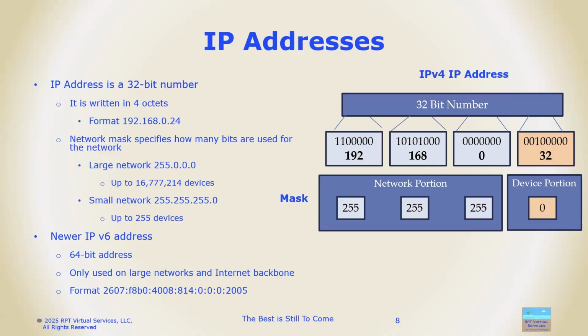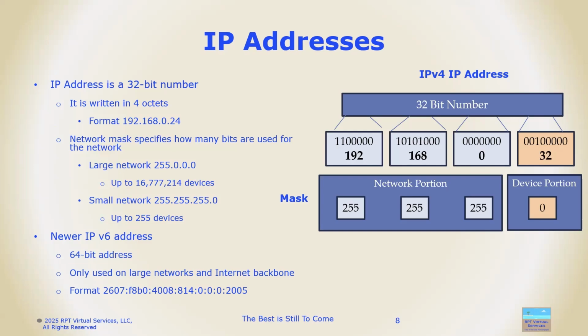So now we'll go into the IP addresses. An IP address is simply a 32-bit number, but it's hard to remember 32-bit numbers. So it's written in what they call 4 octets. So the common way to do it is something like 192.168.0.24.